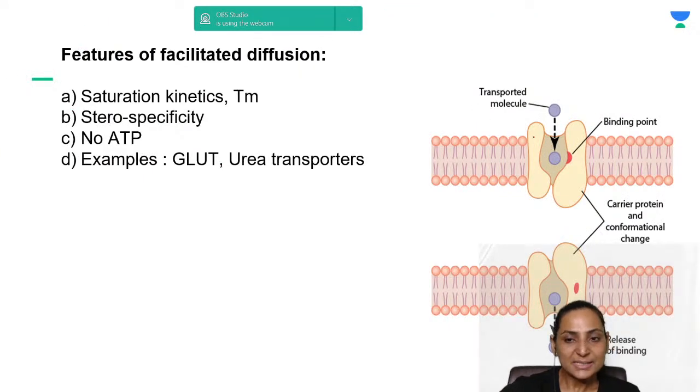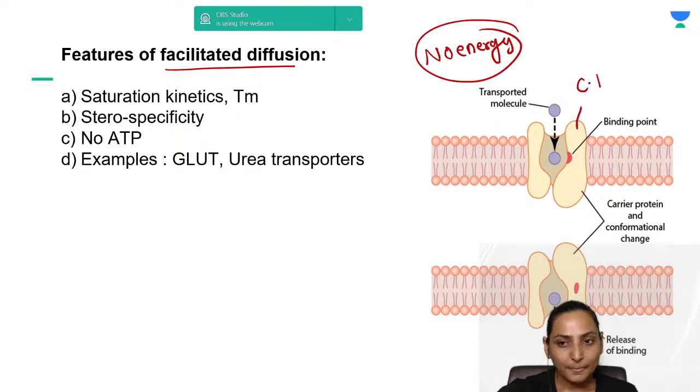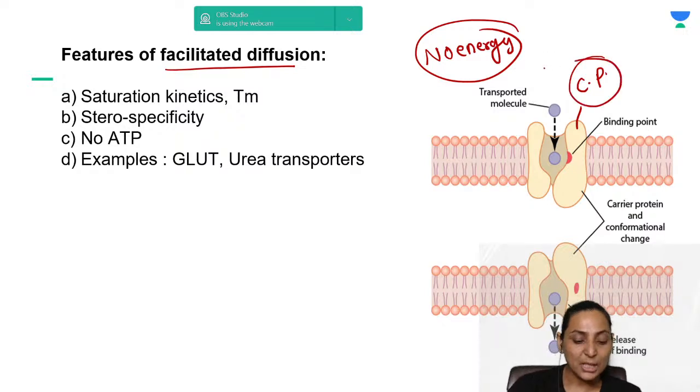Now, you can see over here, in facilitated diffusion, the molecule to be transported will bind on this receptor. Now, no energy is needed, although it is using a carrier protein. No energy is needed, right? It is simply down its concentration gradient, and it is simply occurring because of a conformational change in the carrier protein.